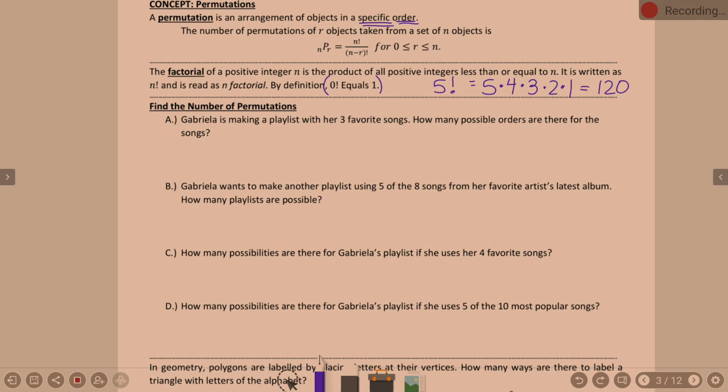I've already told you it does because it's on this page, but when you're making a playlist, what song plays first versus second versus third? Order matters. We're trying to order 3 different things. It's 3 things to fill 3 spots. And so order is always going to matter in that situation. Now, options of how to do this one.